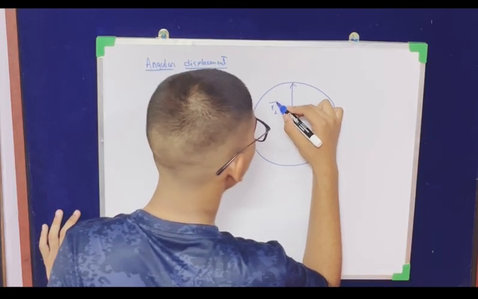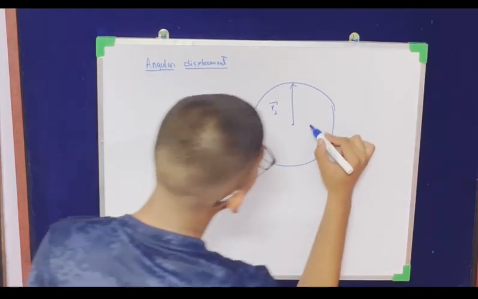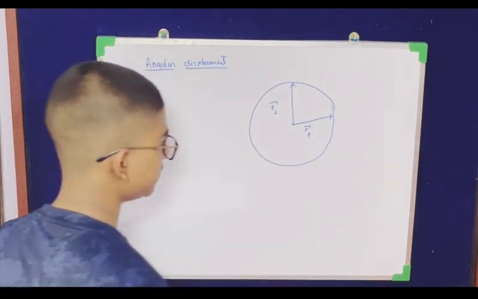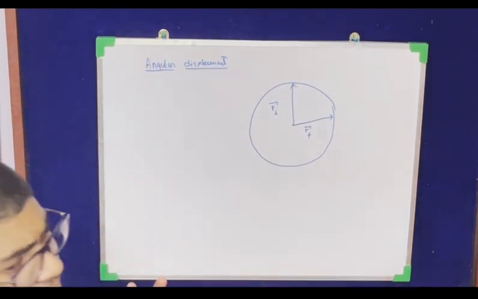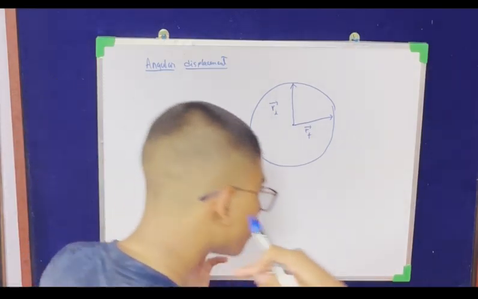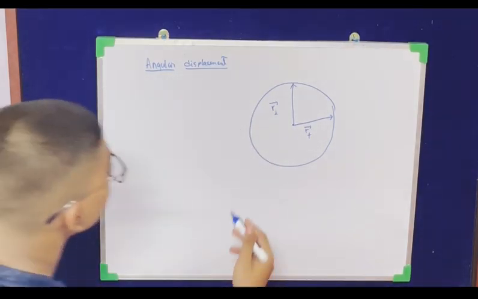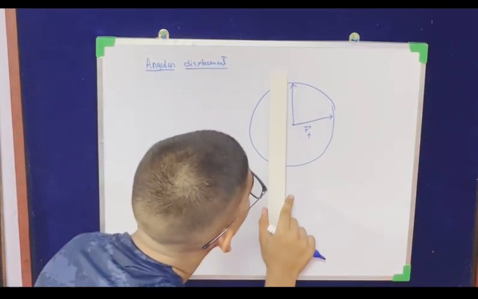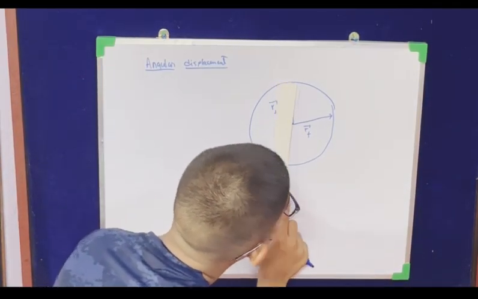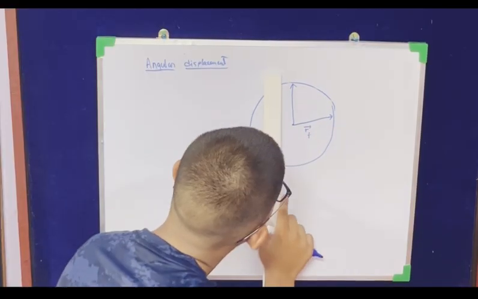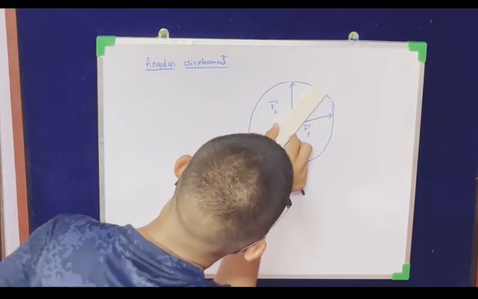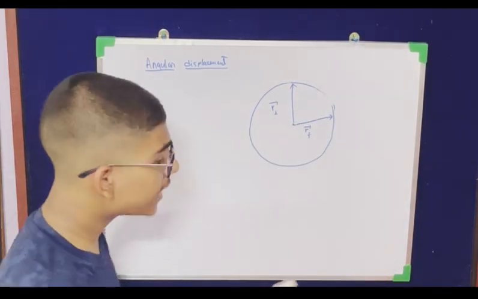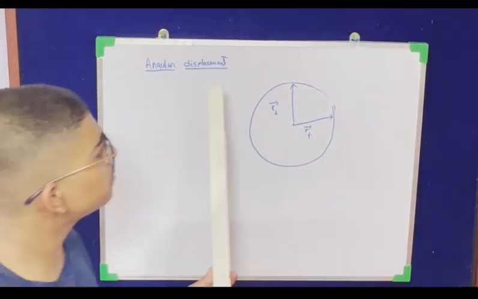This is the initial radius vector and this is the final radius vector. So in this circular motion, the radius vector, let me show you. See, the radius vector is moving like this, right? So it is also having a certain displacement.